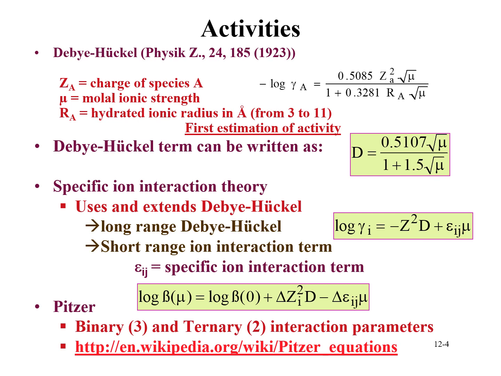There's a final equation, the Pitzer equation, which has three binary terms and two ternary terms that describe the interactions, and information on Pitzer can be found on the internet.